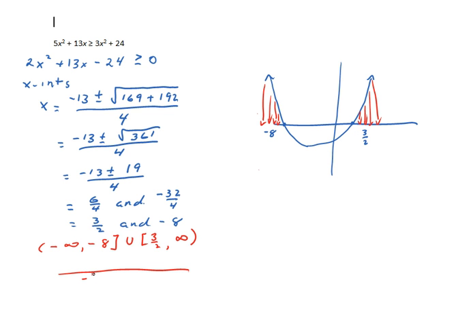On the number line, we locate the two values with closed circles and join them with a segment.